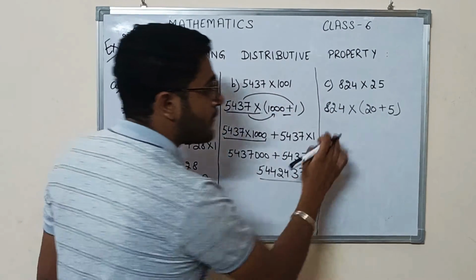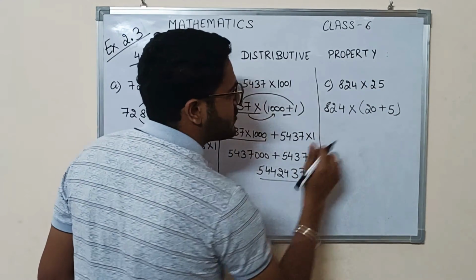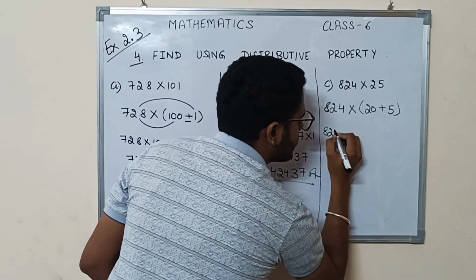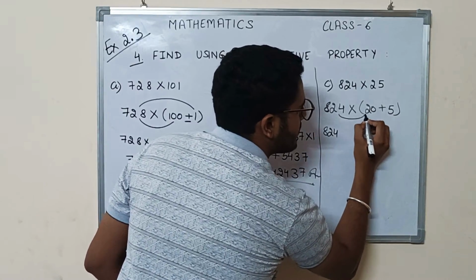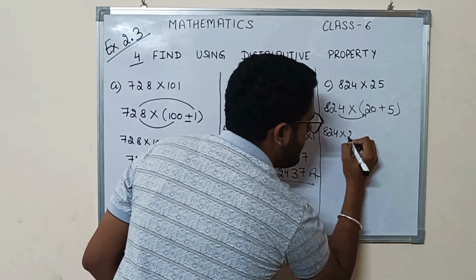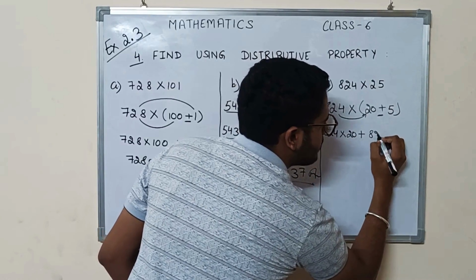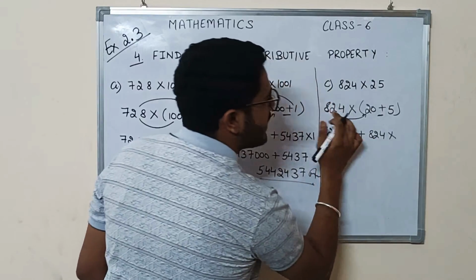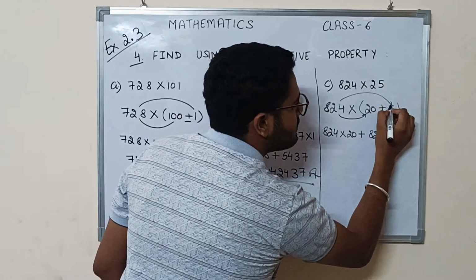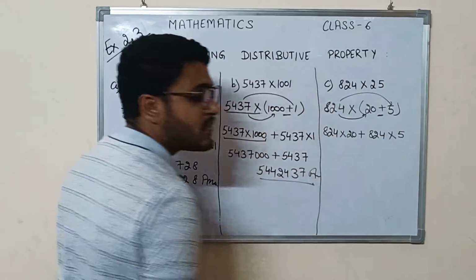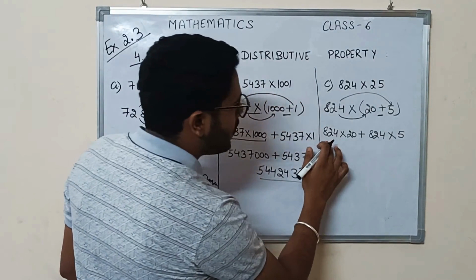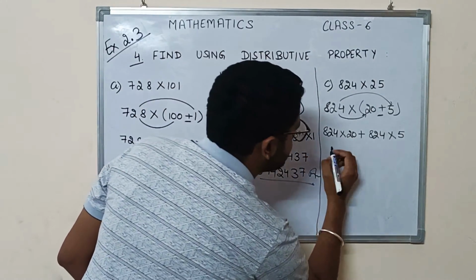Now again, apply the distributive property on this equation: 824 multiplied by 20 plus 824 multiplied by 5. Now multiply these values.